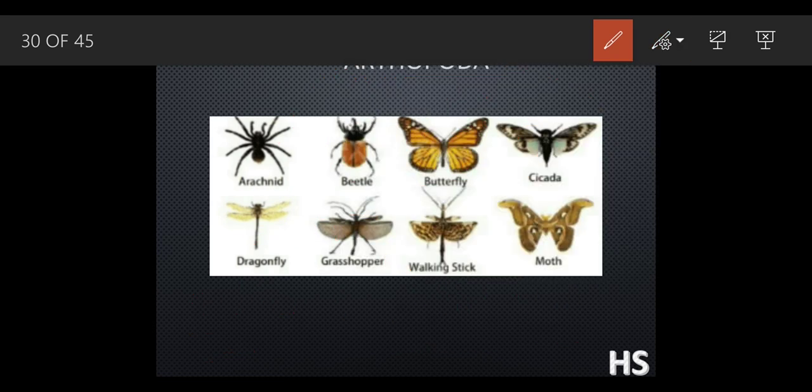Now I am going to introduce a concept called casting off and regrowing of this exoskeleton. See, whenever any of the organisms grows, like crabs or spiders, at that period of time they shed off their skin. Casting off and regrowing of this exoskeleton is called the molting condition.